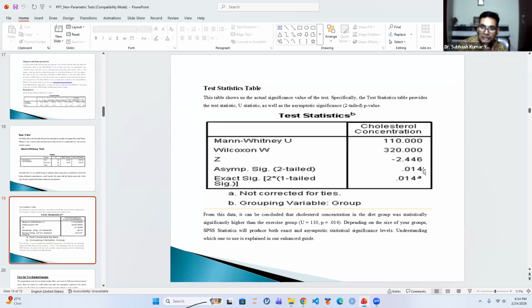So here, if we are taking 1% level of significance, this hypothesis is not rejected because the p-value is greater than 0.01. It is 0.014. But generally we take 5% level of significance, so it is rejected there. It means the medians of the two groups, one on exercise and another on diet, are not the same. So the cholesterol level is reduced differently in the two groups.